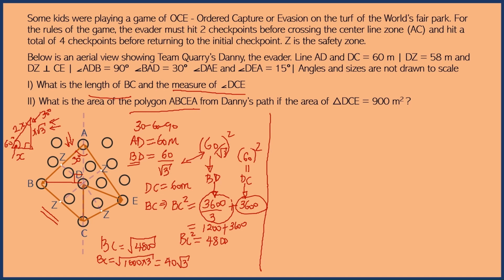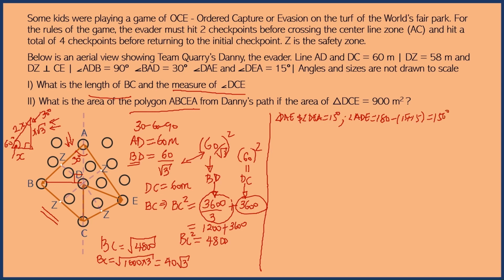Okay, we know the measure of angle DAE and angle DEA is 15 degrees. So now, what would be the angle ADE? This is simply 180 minus 15 plus 15, which is going to be equal to 150 degrees.